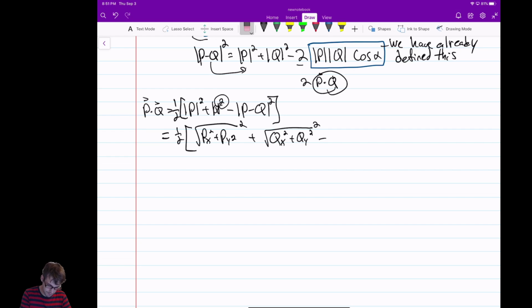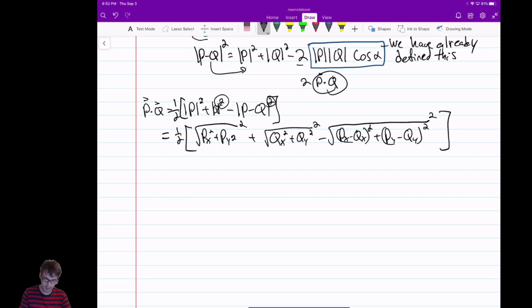Minus the length of P minus Q. I got flustered there. There we go. Okay, so the length of P minus Q squared, so the square root of px minus qx squared plus py minus qy squared, and again squared. And that's still in those big brackets.